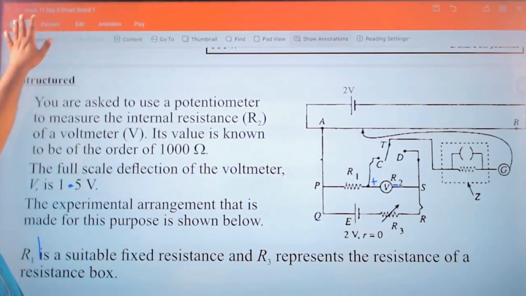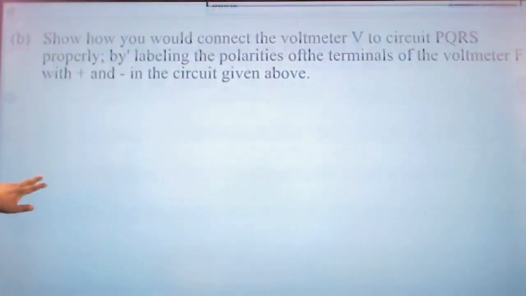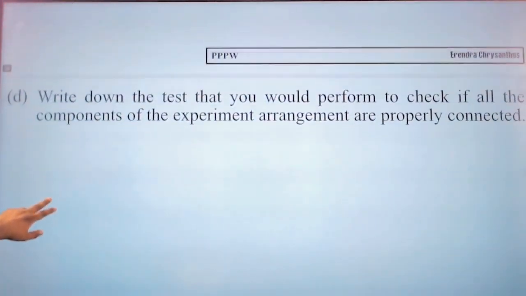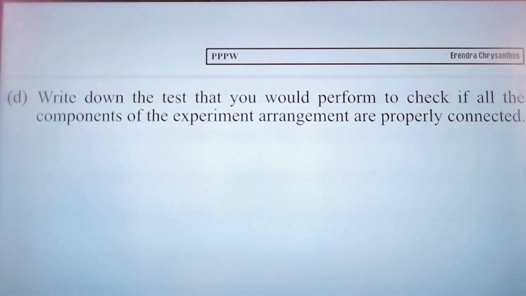So, basic work. Write down the test that you would perform to check if all components of the experiment are arranged properly.